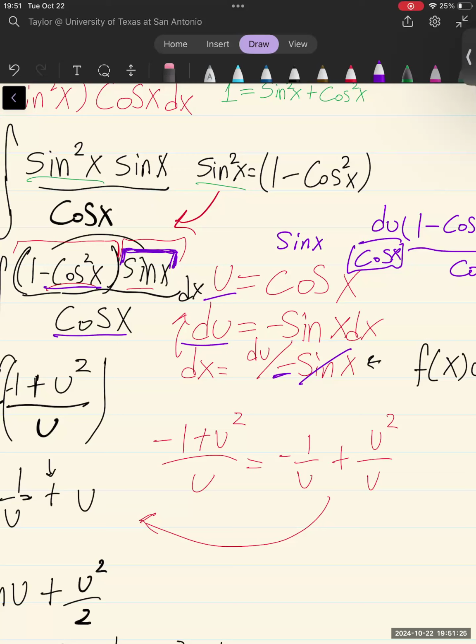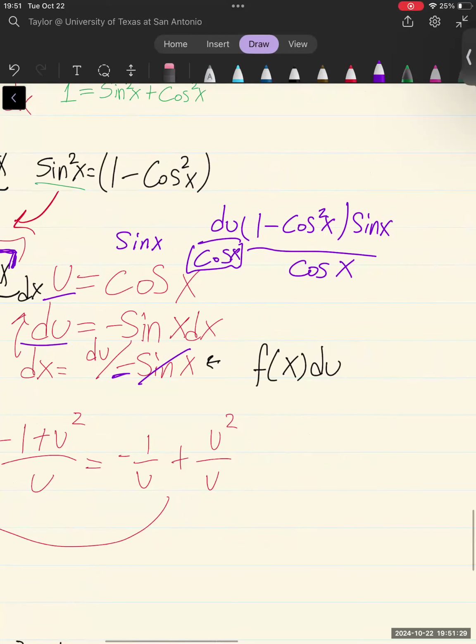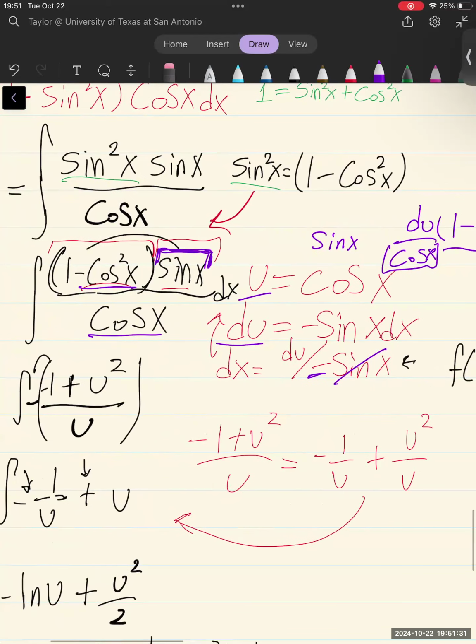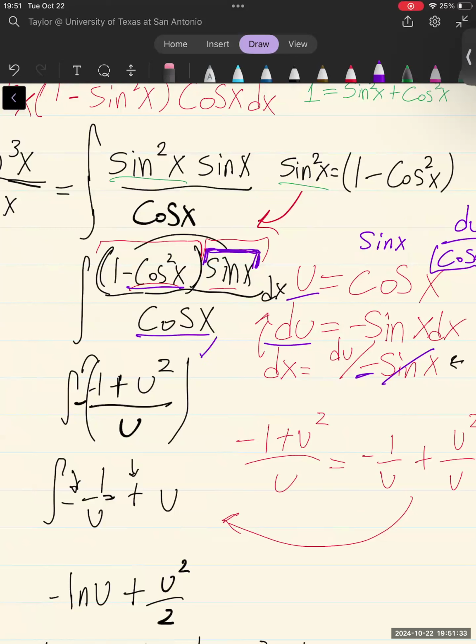How does the du cancel? So du doesn't cancel. du becomes our differential term when we get it into u form. So there's actually a du right here, and then a du here.